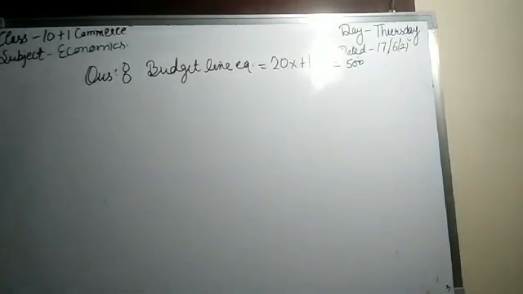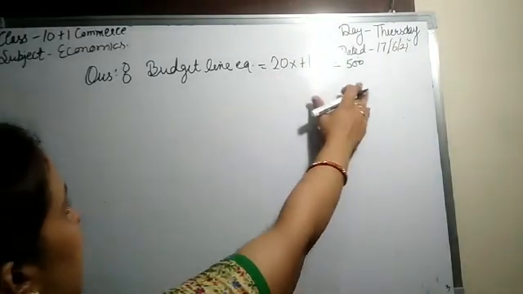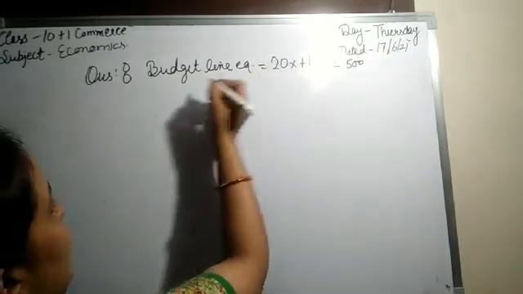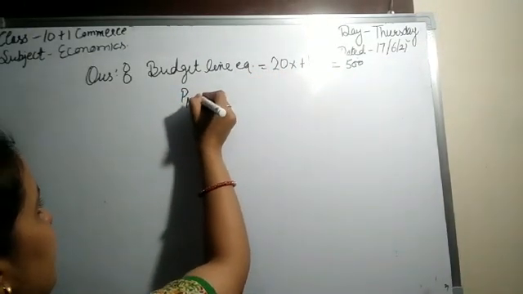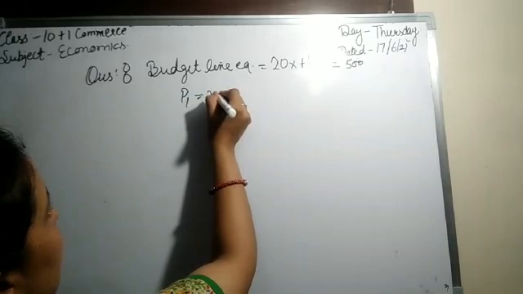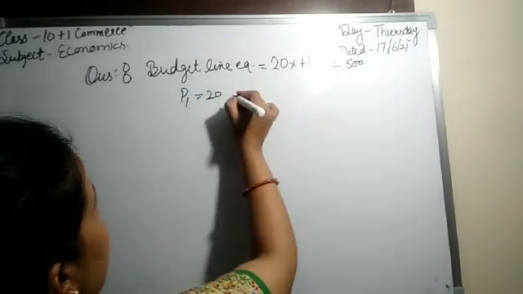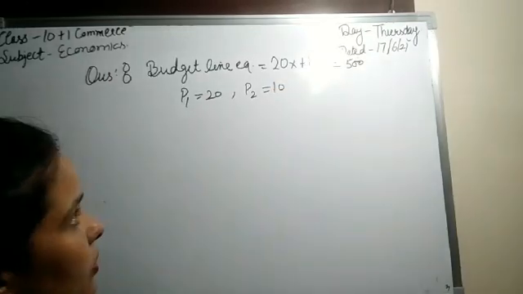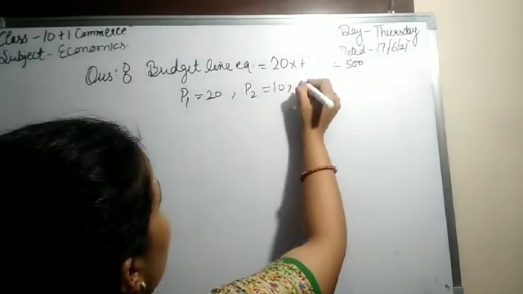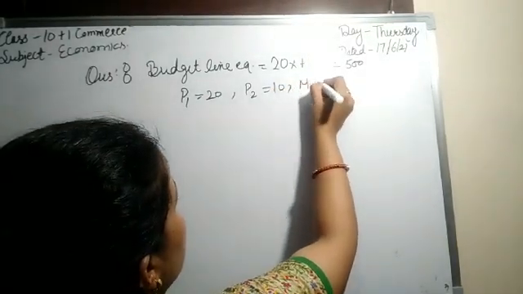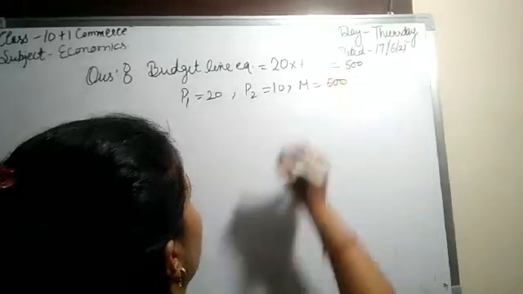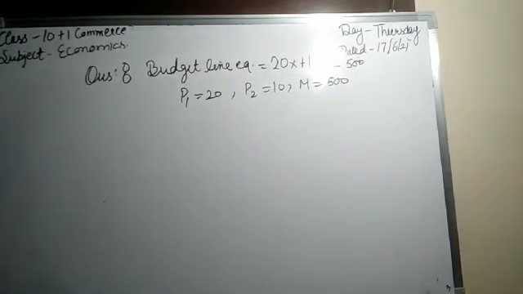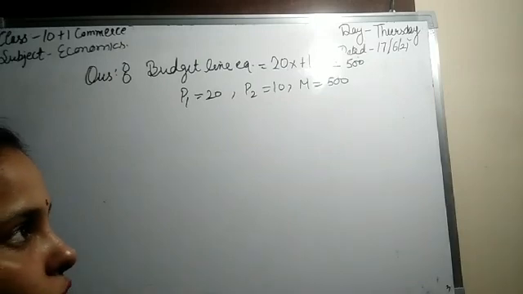I am explaining the whole thing: 20 is the price of X commodity, rupees 10 is the price of Y commodity, and income M is equal to rupees 500. Clear? Now three questions are asked in this question.